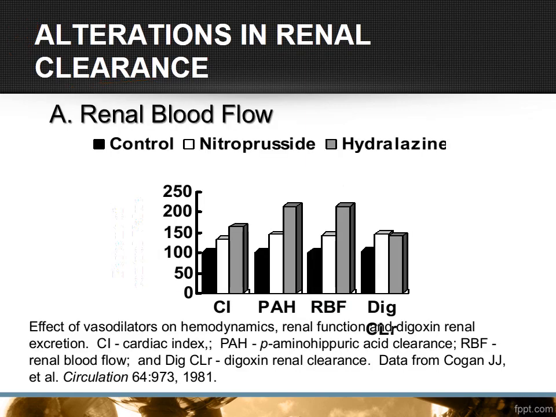So this is the example of the influence of the vasodilator on renal clearance of digoxin. When you look at the control, and after digoxin is taken with hydralazine, the clearance of digoxin has been increased. This will cause the reduction in plasma concentration of digoxin and eventually reduce the therapeutic effect of digoxin.